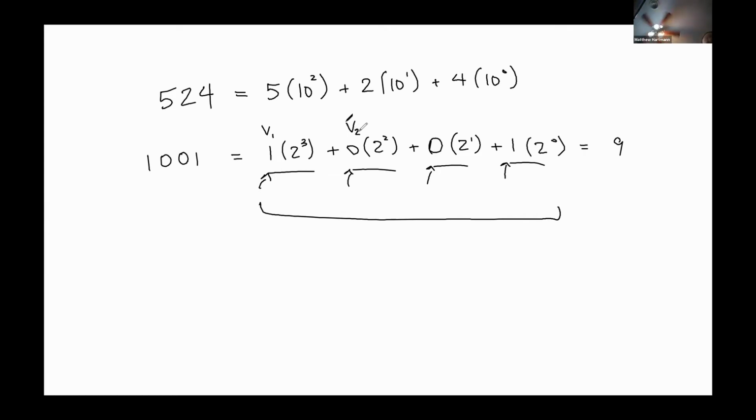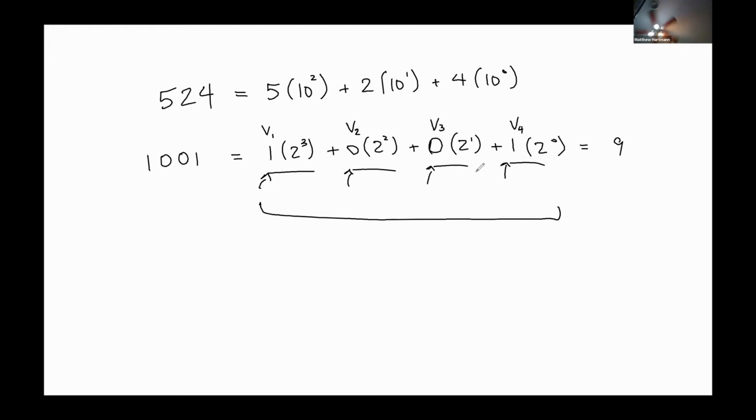Voltage 2 to be scaled by a factor of 4, voltage 3 to be scaled by a factor of 2, and voltage 4 to be scaled by a factor of 1. I think I used different subscripts for these voltages in the problem statement, but it's just 4 different input voltages, and they're each scaled by a different amount. Notice that they're also added together.